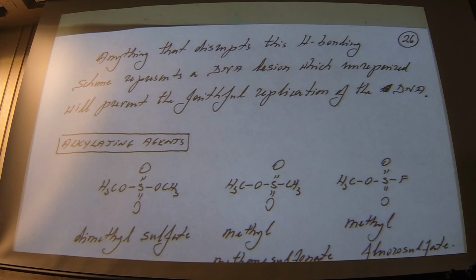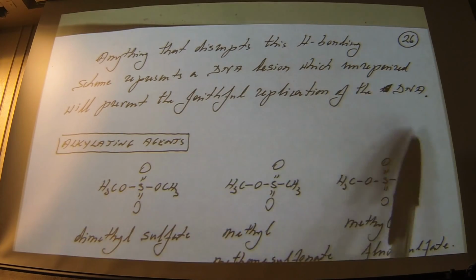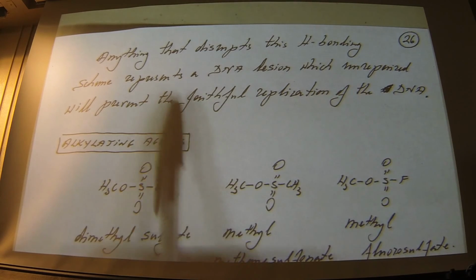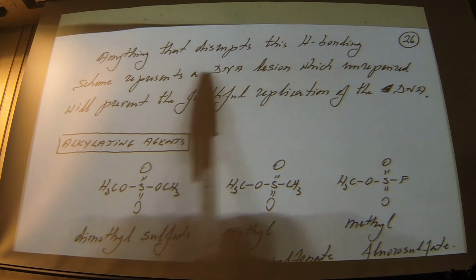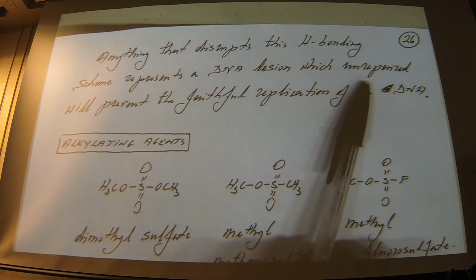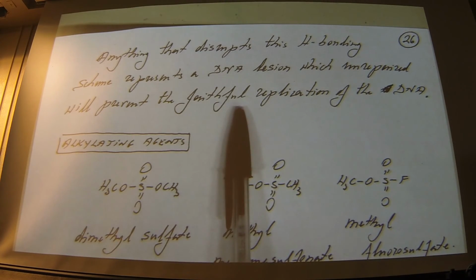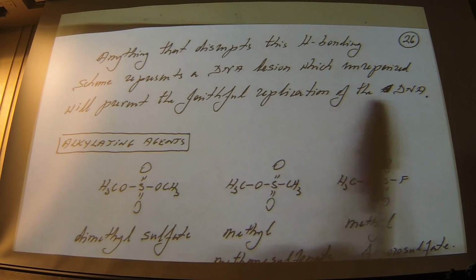So anything that will disrupt the hydrogen bonding is going to destabilize the structure of the nucleic acid, and it's going to end up in what's known as a DNA lesion. It's the same thing for RNA too, but let's talk about the DNA. So a DNA lesion, which is unrepaired, then prevents the faithful replication of DNA.